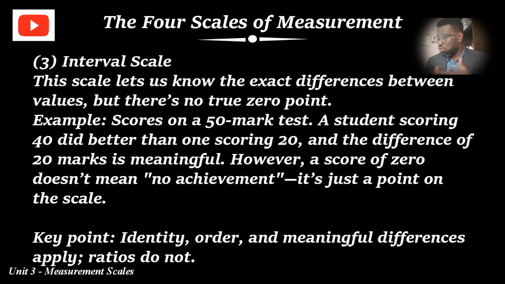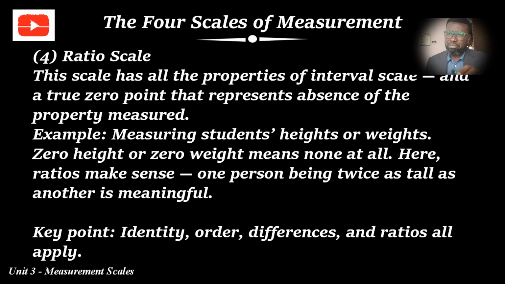However, a score of 0 doesn't mean no achievement. It's just a point on the scale. The key takeaway from this interval scale is that it is based on identity and order, and meaningful differences apply in this particular scale. Ratios do not.